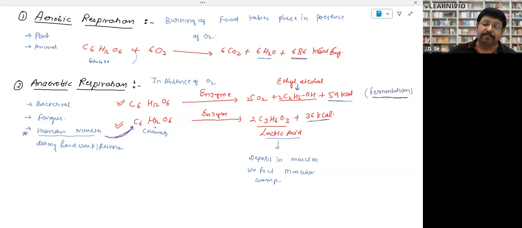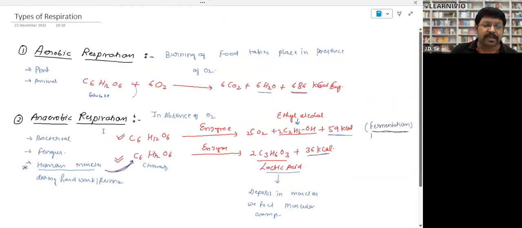In place of ethyl alcohol, lactic acid is formed in our body, and 36 kilocalorie energy is generated, meaning a very small amount of energy. Along with that, this lactic acid deposits in our muscles where anaerobic respiration is taking place, and we feel muscular cramp because of this lactic acid. After taking rest, this lactic acid breaks down, and we feel relaxed and the muscular cramp is removed. So this is all about the type of respiration.